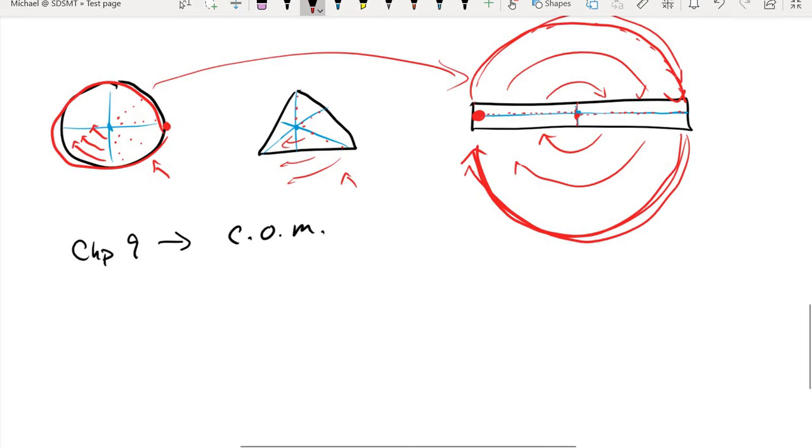Let's try another analogy. Maybe you have a pen or a pencil, and you take that pen or pencil and you start spinning it around in your fingers. Well, the endpoints of that pen or pencil are going to have a pretty good distance that they have to travel around.